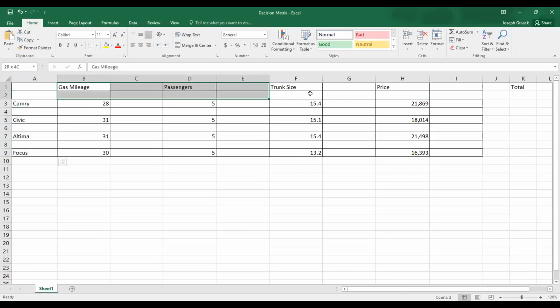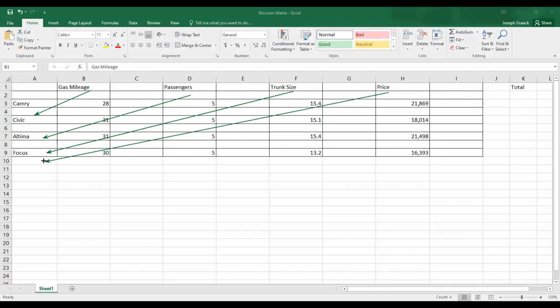We determine some criteria that's most important to us. The criteria is how we're going to base our judgment of which of the vehicles we should buy.